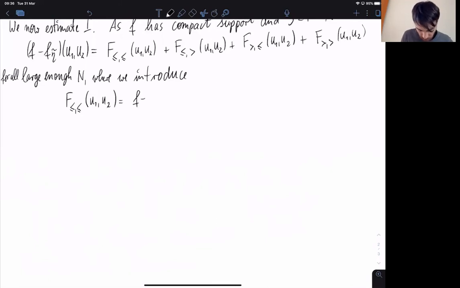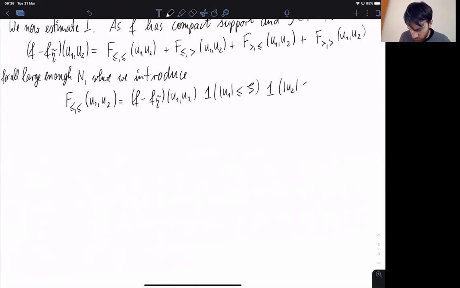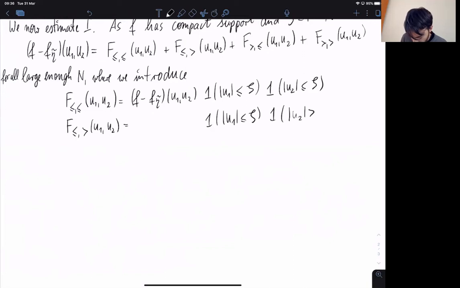So I have an F minus F tilde of U1, U2 when the U's are smaller than or equal to zeta, U1 and U2 smaller than zeta, and now the others are obviously the other way around. Then I get here that U1 is smaller than zeta, and U2 is bigger than zeta.